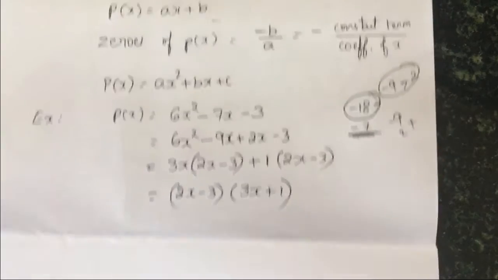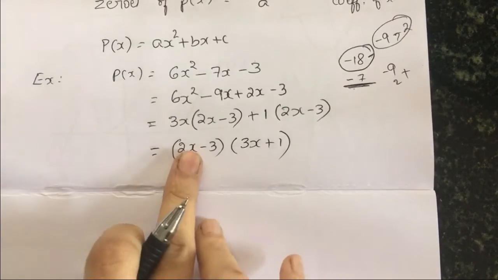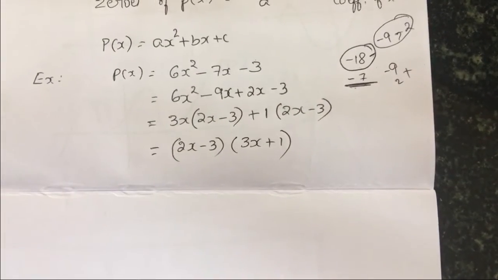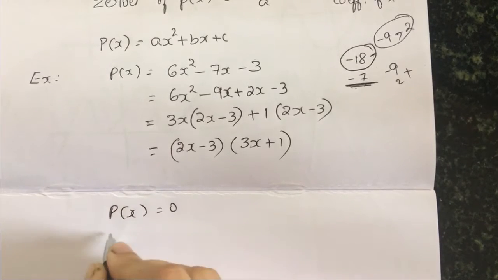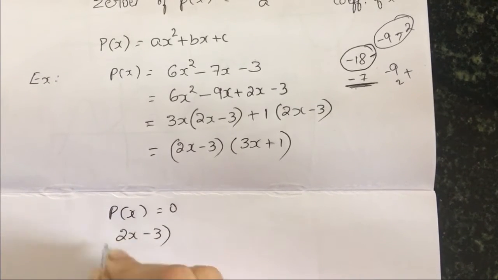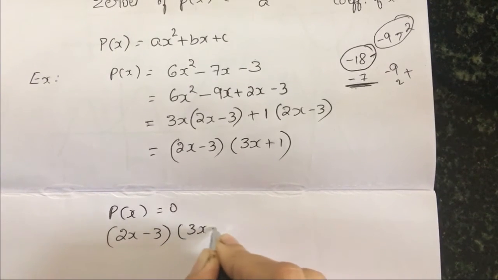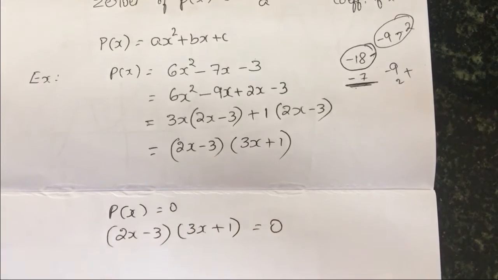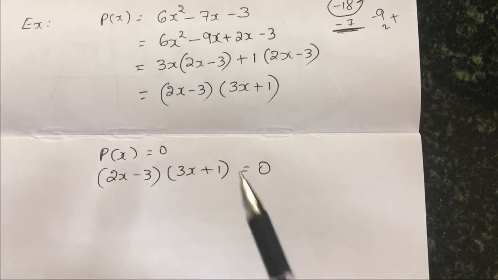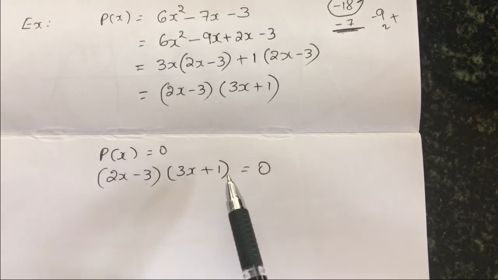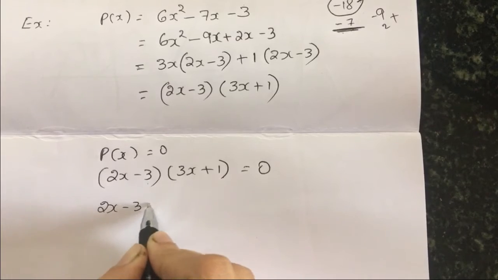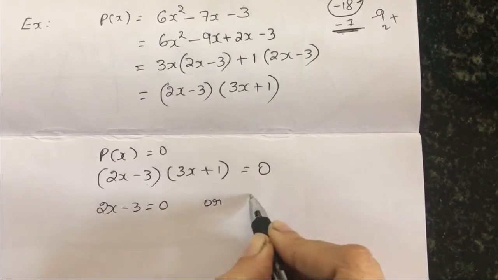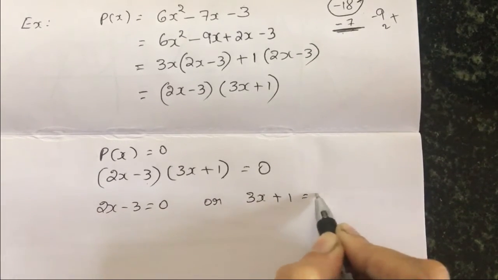To get the zeros I have to equate this p of x to 0. So p of x equal to 0, 2x minus 3 into 3x plus 1 is equated to 0. Product of two terms equal to 0, when it is possible, either this is equal to 0 or this is equal to 0. So 2x minus 3 equal to 0 or 3x plus 1 equal to 0.